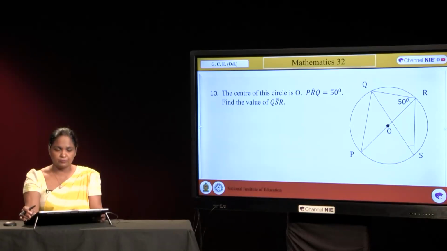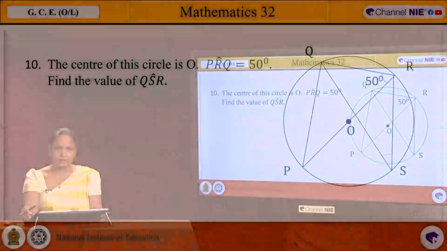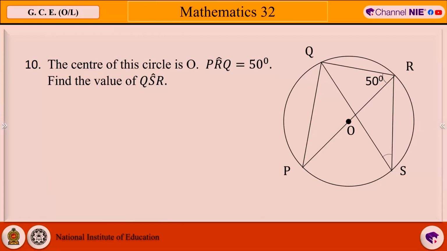Then finally we will move on to the 10th question. Right. It is again under geometry. It says the center of this circle is O, PRQ equals 50 degrees, find the value of QSR. How easy? Yes, again you can see a relationship between the angle PQR and the diameter PR. What is it?